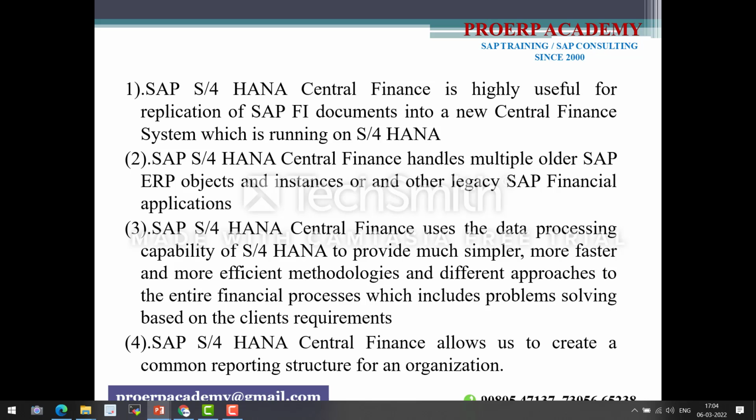This is one of the most important reasons for learning this central finance module.